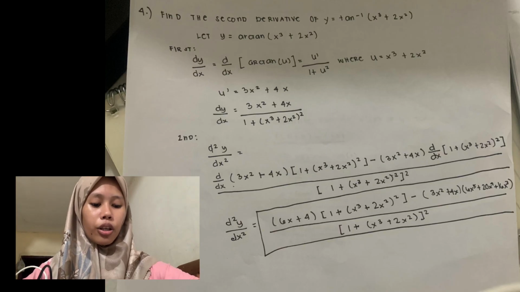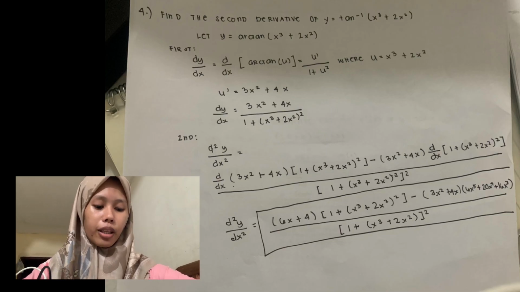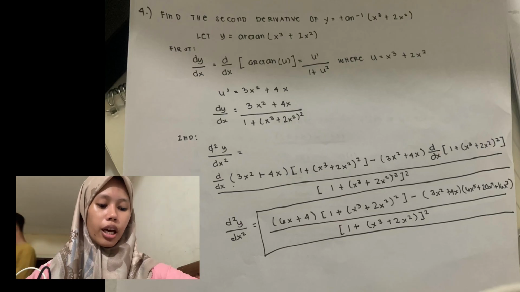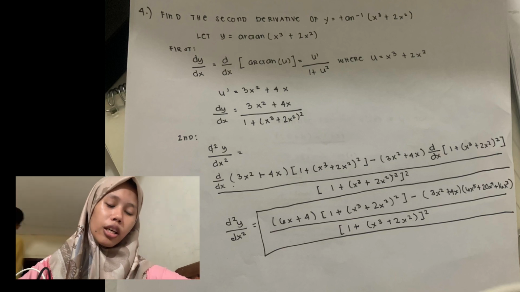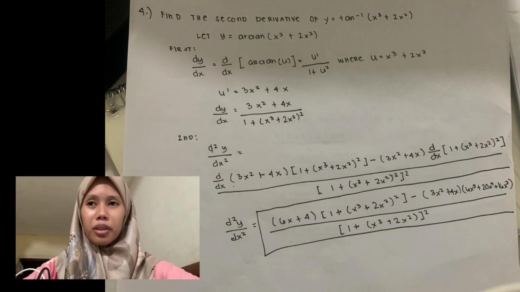So u prime is equal to 3x squared plus 4x, and dy over dx is equal to (3x squared plus 4x) over 1 plus (x cubed plus 2x squared), the exponent of 2.